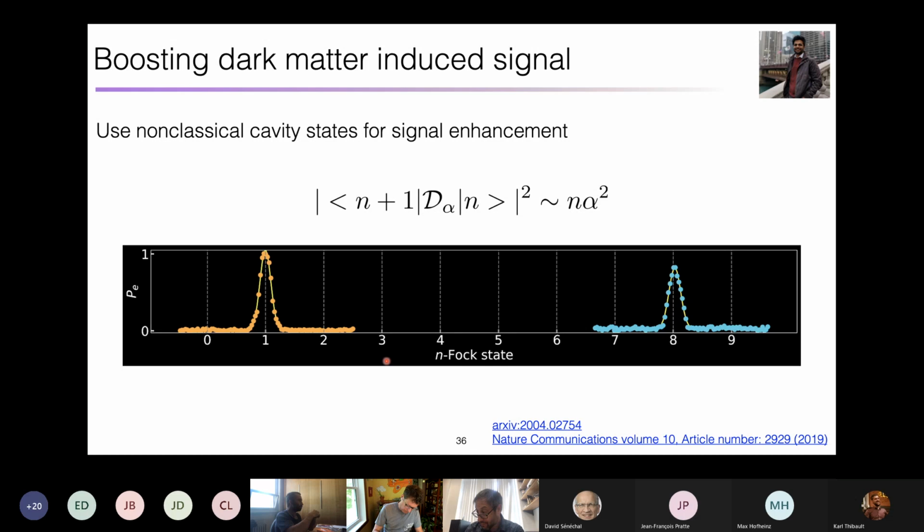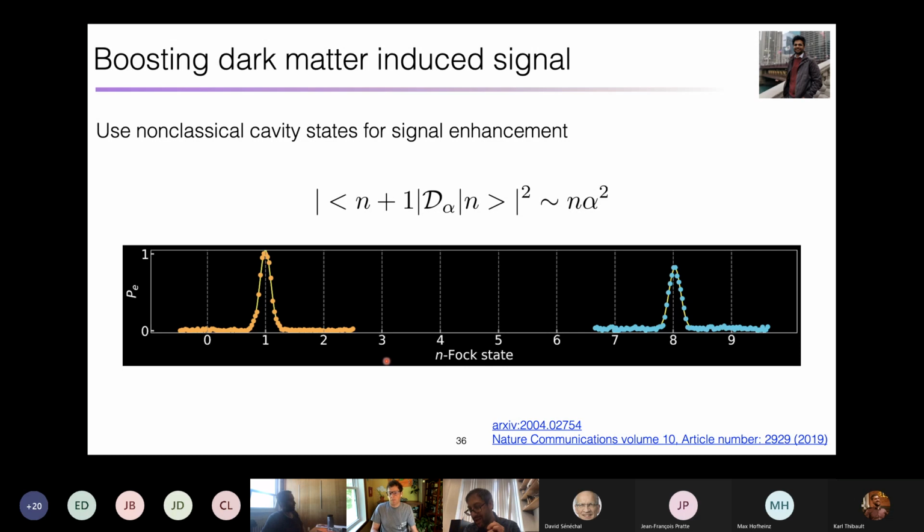But there's another thing we could do, which is we could try to enhance the coupling of the dark matter to the photon field by stimulated emission. One way you can think about it is that the dark matter field is like a driven oscillator, and the cavity is an oscillator, and the energy in the dark matter field is sloshing over like coupled oscillators.